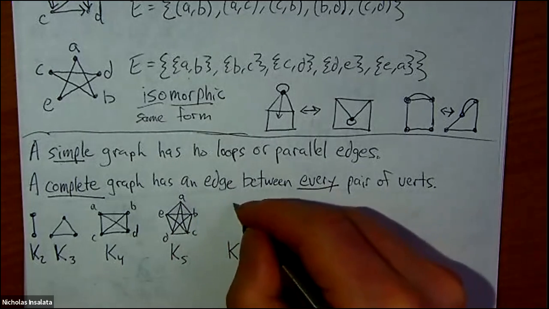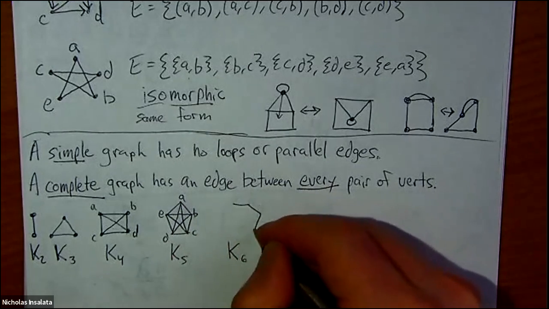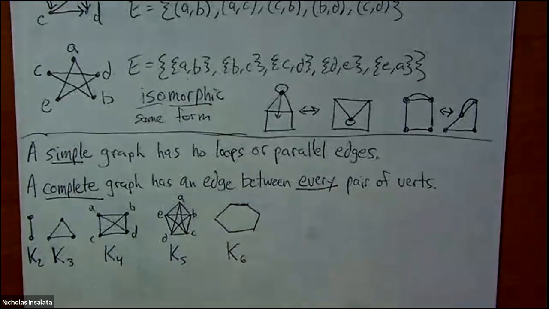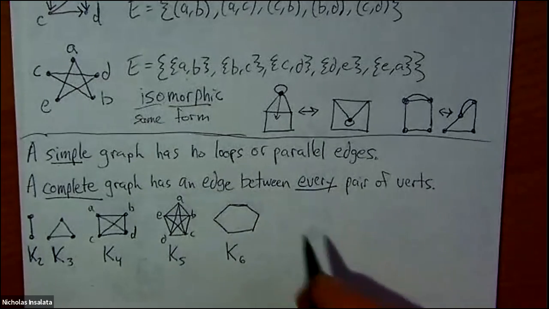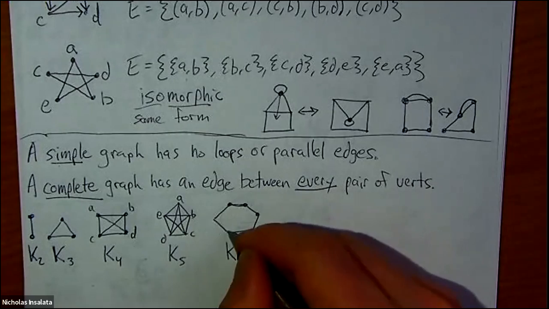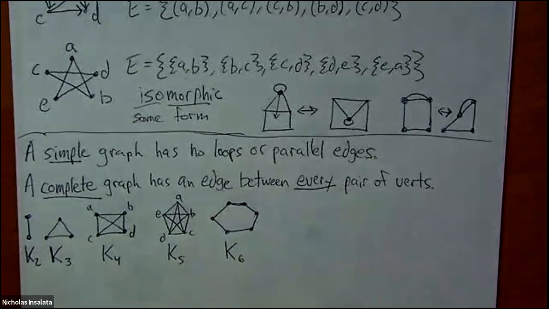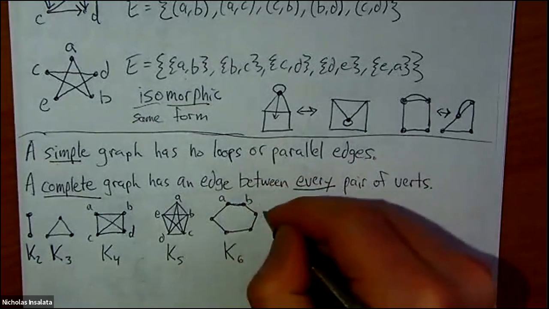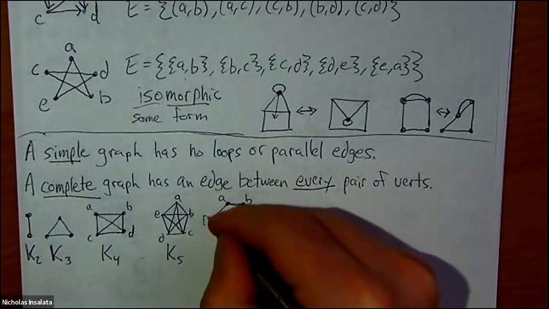How about K6? So I'll have a hexagon here. And here it starts to get a little bit intense, right? So let's put in all the edges, A, B, C, D, E, F. So what am I missing?